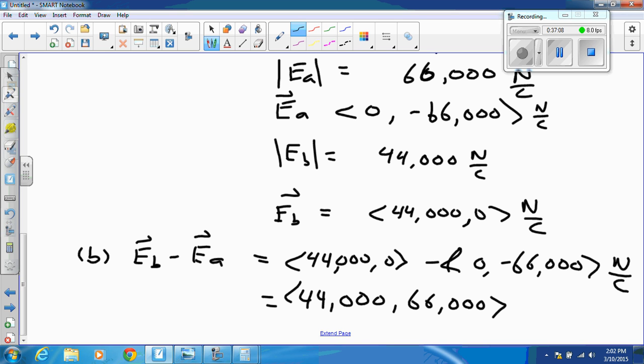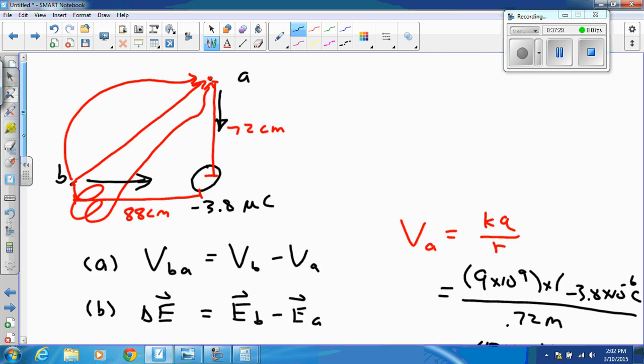Why not? Because they are in different directions, x and y. And this is my net field, the difference in fields. The difference in fields doesn't have a lot of physical significance. It just describes how the field changes. To get from this to this, I have to change the field like that.